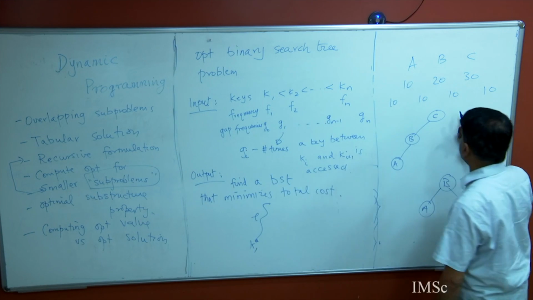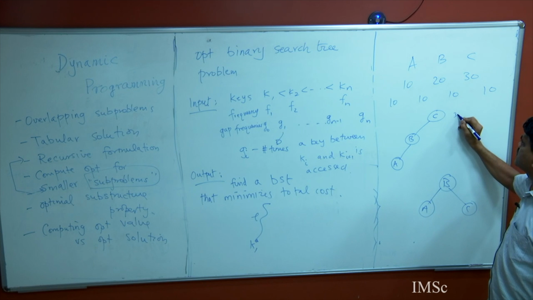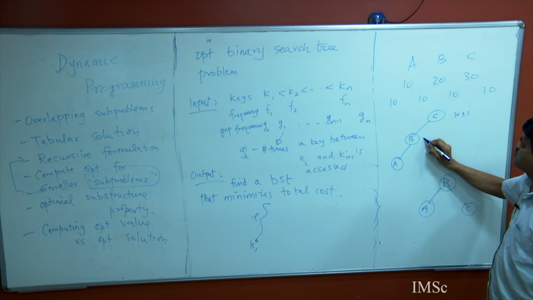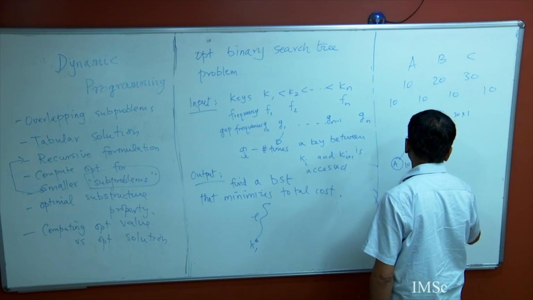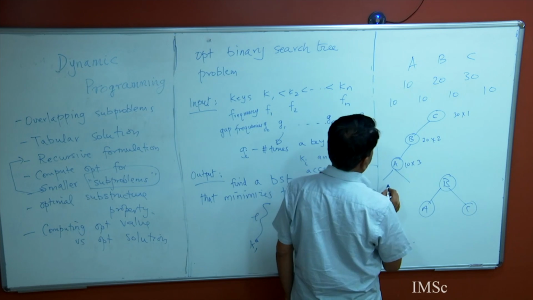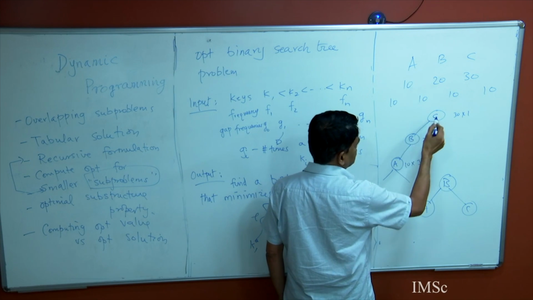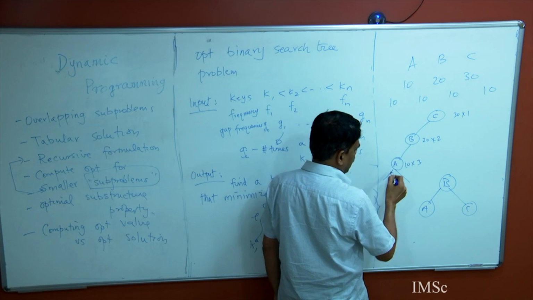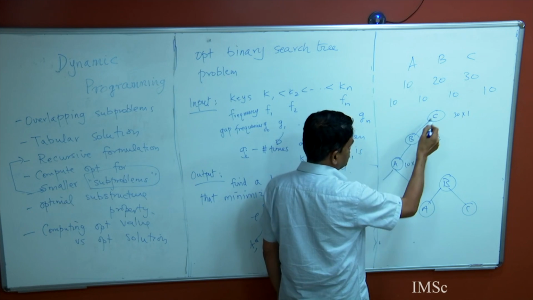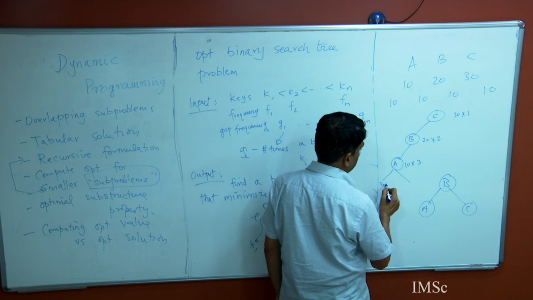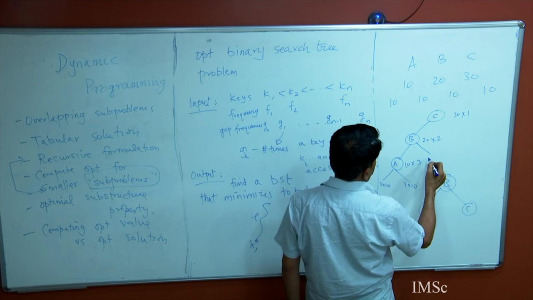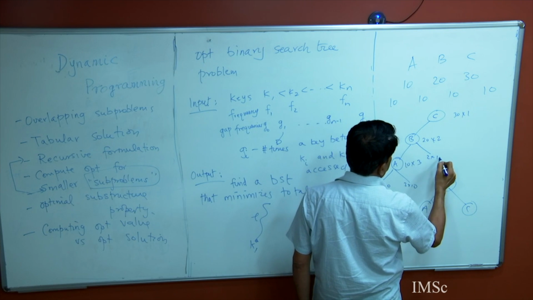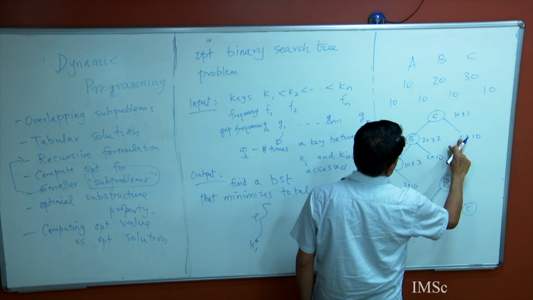So, the cost here would be for C, I am going to access 30 into 1, for B it is 20 into 2, for A it will be 10 into 3, and for this gap, now I am going to access the key comparisons. So, I will compare here and it will tell you less than A and it is a nil pointer. So, it is 3 into 10, 3 into 10, and here it will be 2 into 10, 1 into 10.